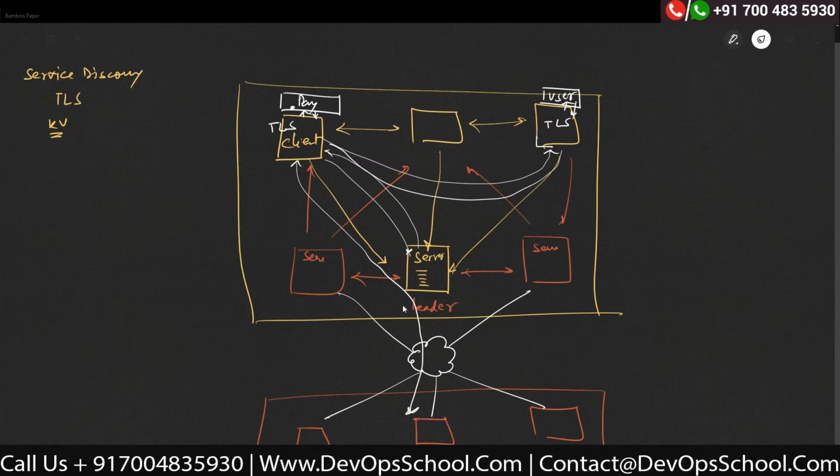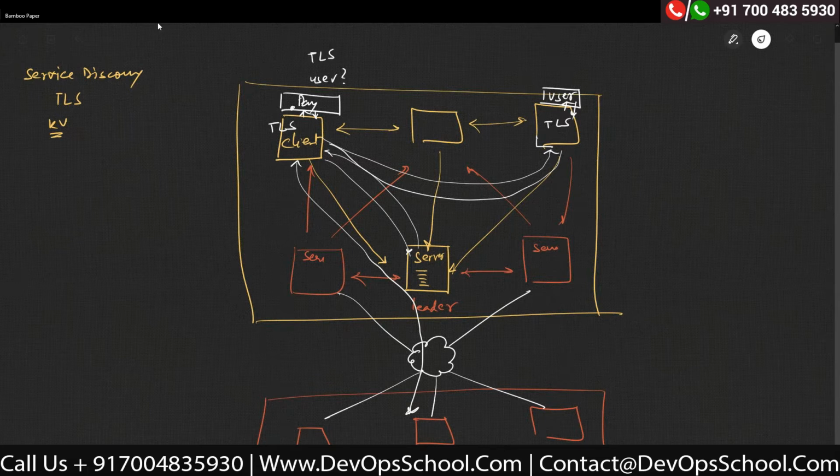Well, if these components, the servers and the clients, did not exist, then how would the payment application have a secure communication with the user application? Because the payment application itself does not know where the user application runs. And the payment application does not have, let's say for our example, any capability to run TLS based communication.